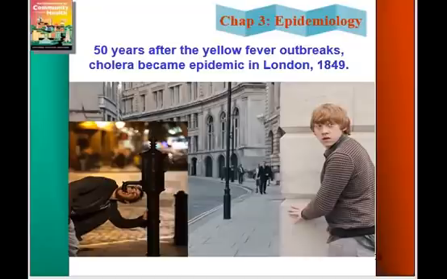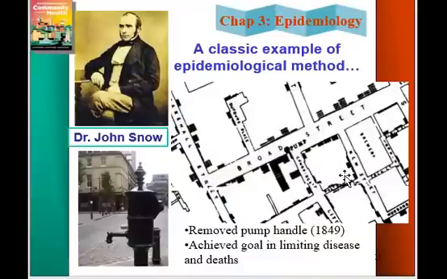So we have here a picture of the mapping Jon Snow made. Oh, this is just a map. So I will use this map to show you what we call spot mapping. After interviewing the affected individuals, Dr. Jon Snow did spot mapping. In spot mapping, if this is the map of London for example, you put X marks.